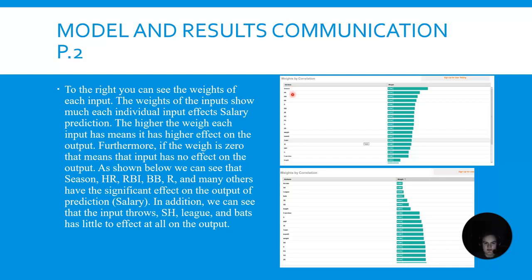The season here has one of the higher weights at 0.3, and we can see home run, RBI, BB, and R are very highly weighted because they have more effect on the output. In comparison, we can see some of these lower inputs that have little to no effect on the output, which are throws, SH, league, and bats.